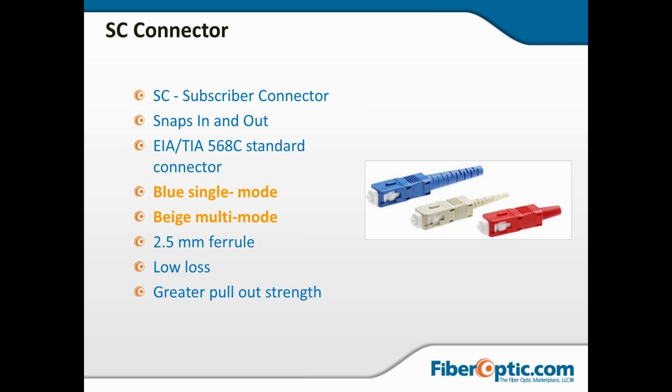And the blue connector is going to be single mode. The beige connector is going to be multi-mode. Now, you also see in this graphic that red connector, they also have some orange connectors, and typically what we see is those are for critical circuits.